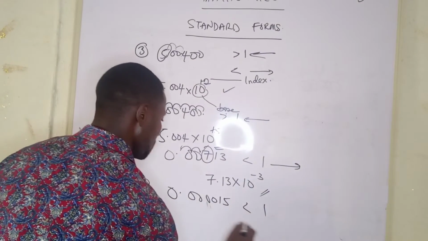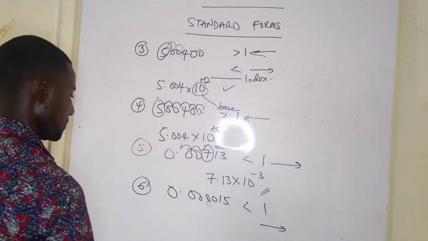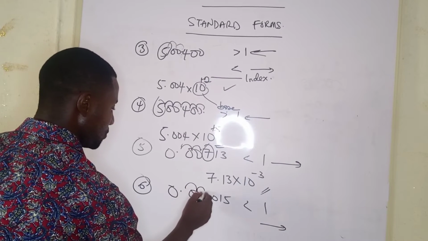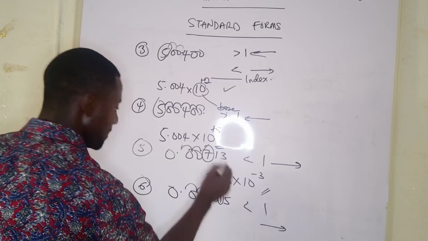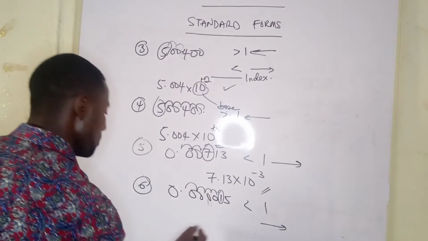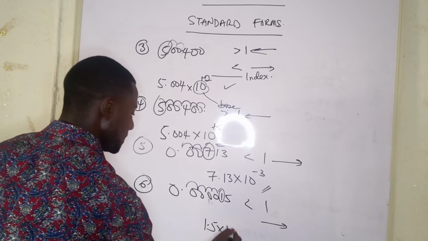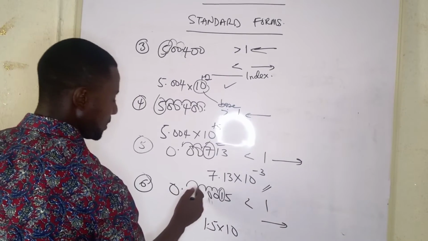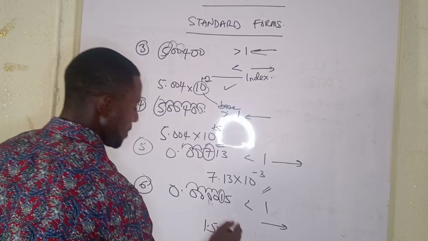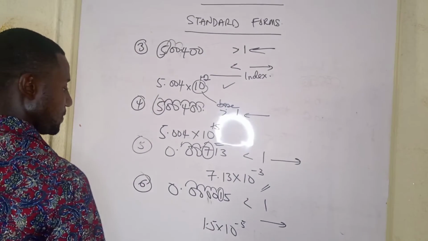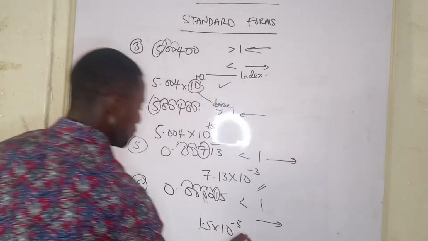And what we do, we count forward. Now we move how many steps? 1, 2, 3, 4 to the first value, which is 1, 5. So it becomes 1.5 times 10 raised to the power what? 1, 2, 3, 4, 5, minus 5. So this is this.